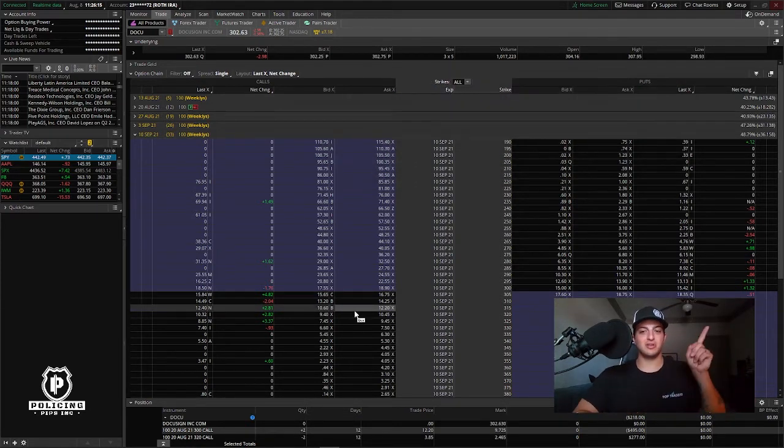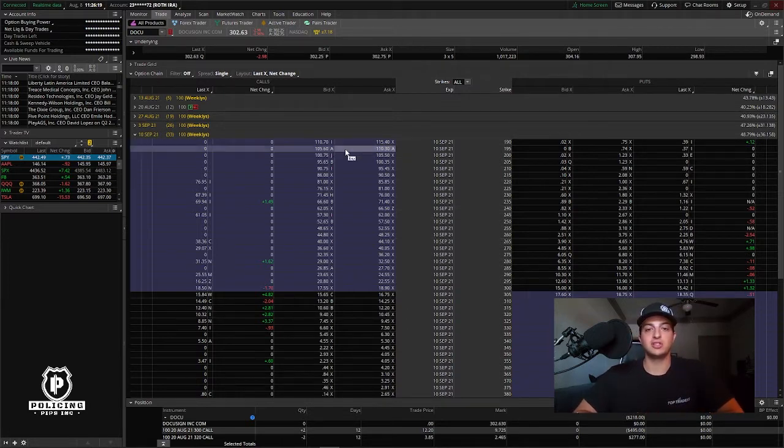So if you're looking at the screen above me over here, this is what an options chain looks like. An options chain shows you the date of expiration, which will be up here in the yellow. It also has the expiration right down the center here. You have the strike price, which is the price at expiration that you would like it to be above or below.